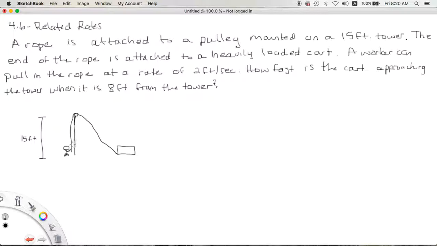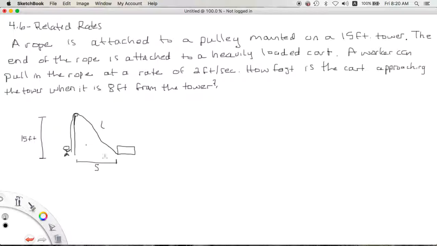We don't know how much rope is here because it's getting pulled in, so it's constantly changing. And we don't know how much space there is between the tower and the cart because it is also constantly changing. Now, let's call this S, since it's not a height, it's a sideways position.